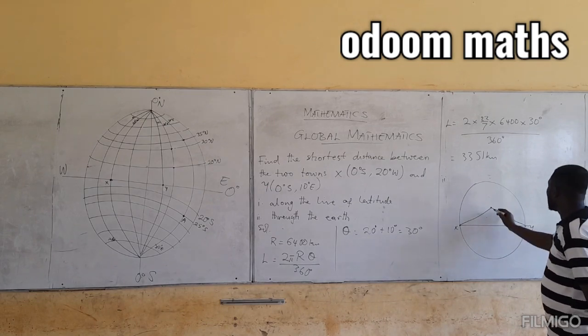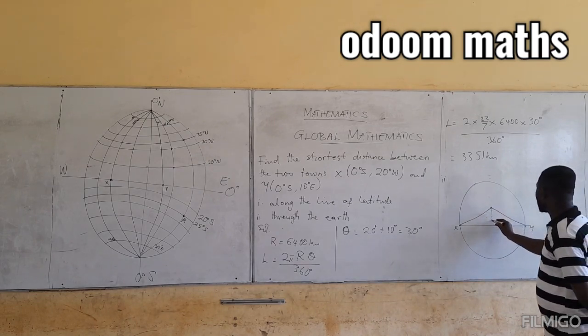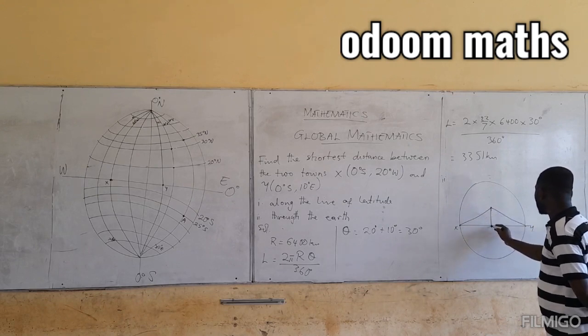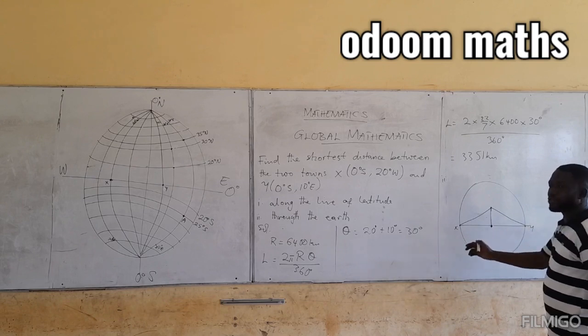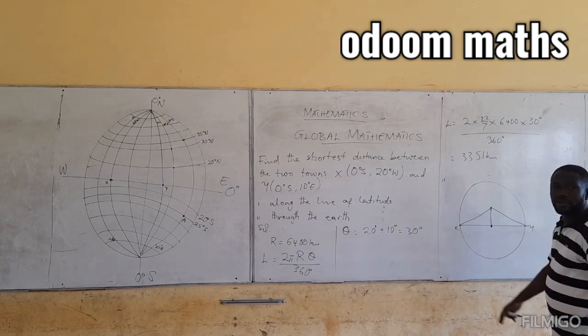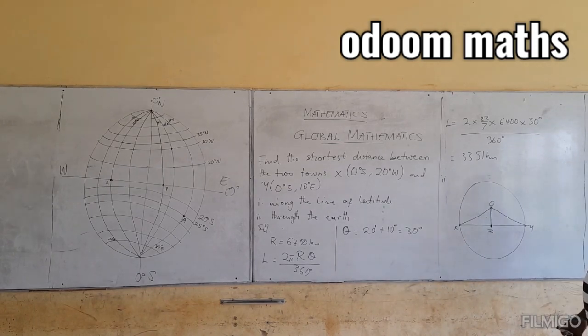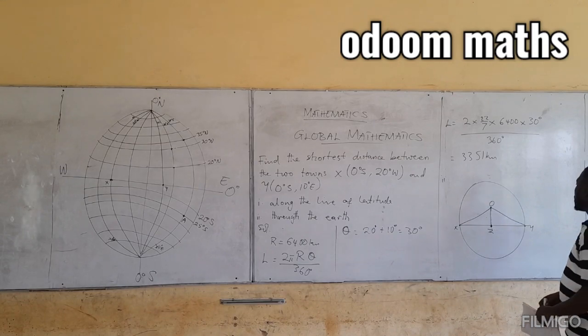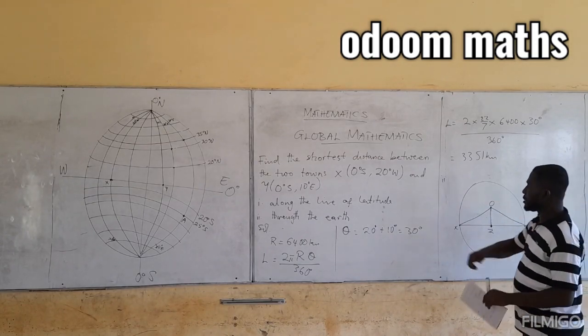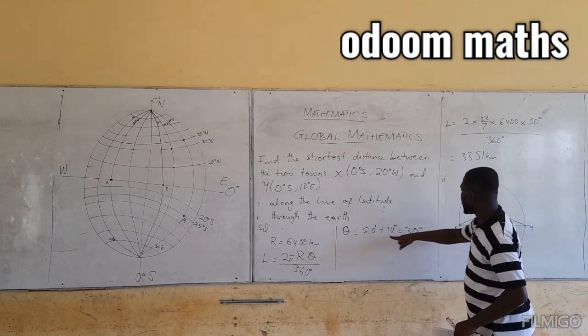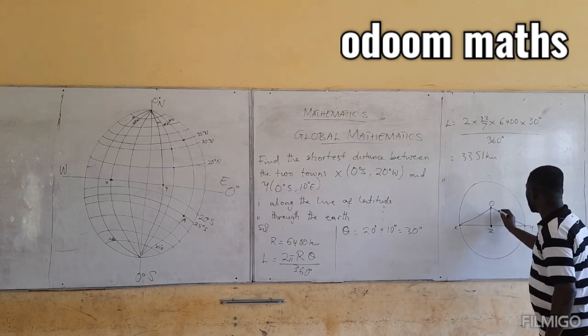So when you're able to get the length from this point to this point, we multiply it by 2 and then get the distance through the Earth between these two towns. The angle given, theta, which is 30 degrees, is this one.